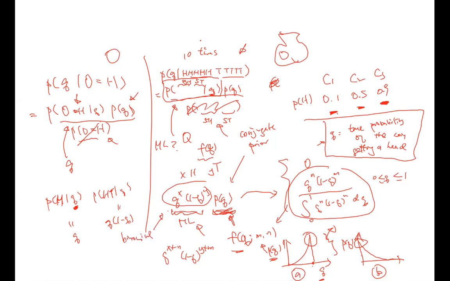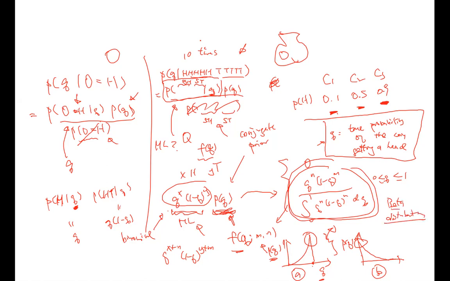If you do n trials, counting how many times is success and how many times failure, this gives you a binomial distribution. And the conjugate prior, this one, is actually the beta distribution.